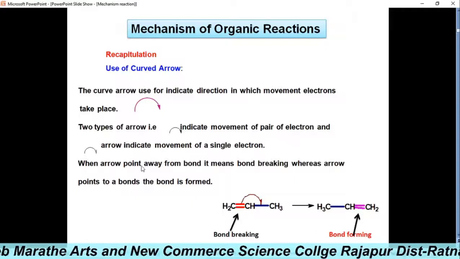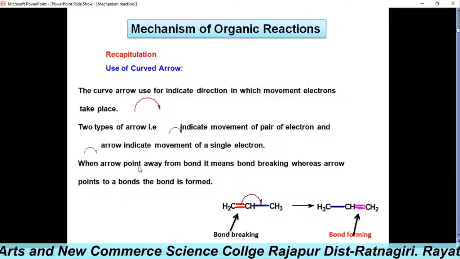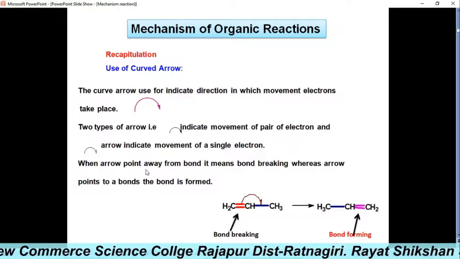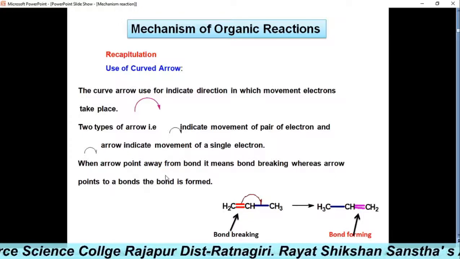The arrow point is of great importance to show which type of activity takes place.